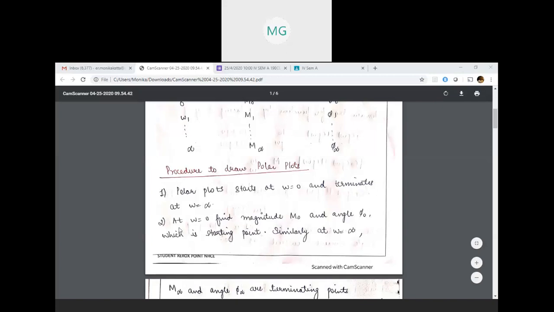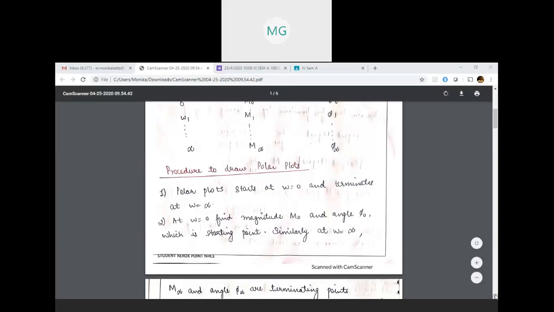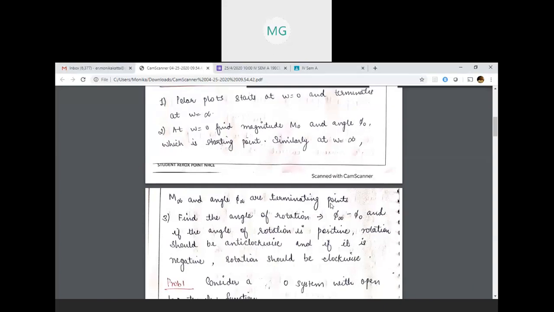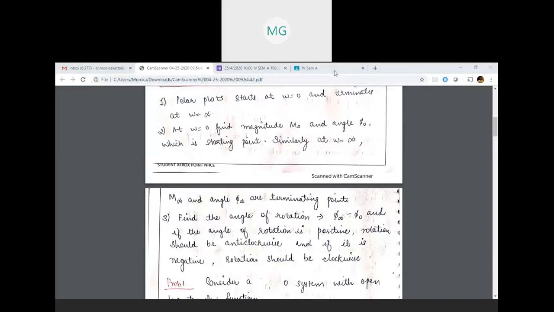Second point: at ω = 0, find magnitude M0 and angle φ0, which is the starting point of your polar plot. Similarly, at ω = infinity, find magnitude M infinity and angle φ infinity, which are your terminating points. Clear? Second point is clear. Yes, ma'am.